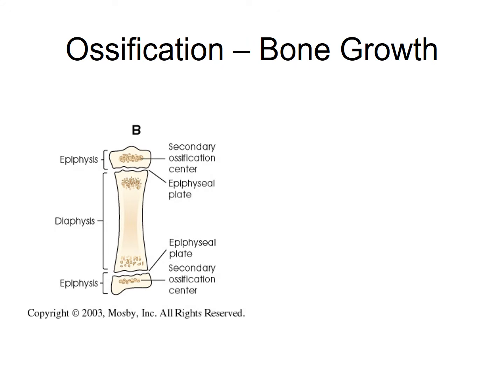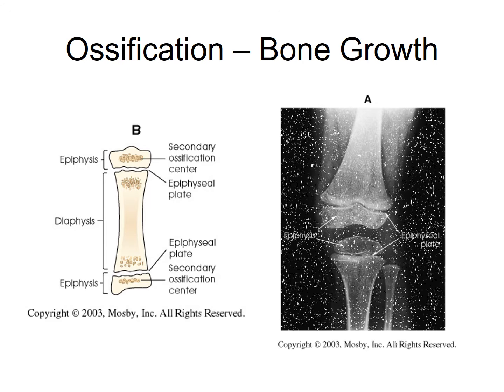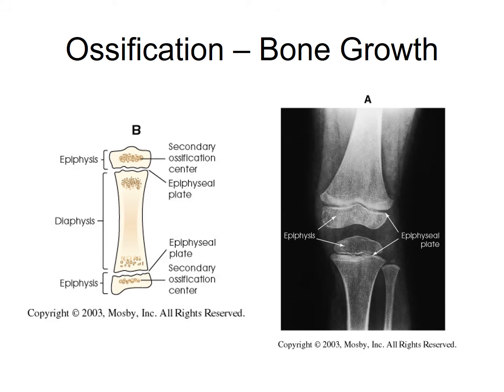As I mentioned, bone growth occurs at the epiphyseal plate or epiphyseal line area. The mid portion of the bone is called the diaphysis. So you've got the diaphysis, and then at each end, an epiphysis or epiphyseal plate. Here we have an example of bones of a child, and you can see what I'm talking about.